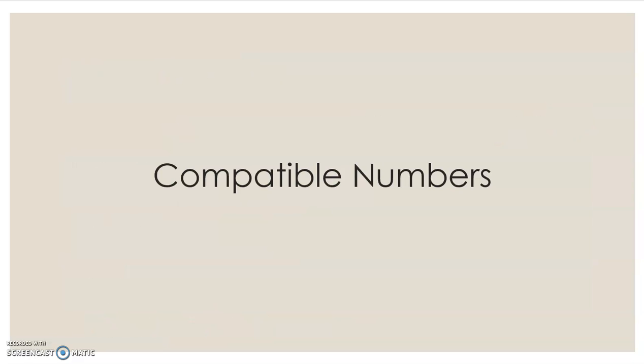Now, the last part of our rounding lesson is about compatible numbers. So compatible numbers are numbers that help us use mental math to add, subtract, multiply, or divide numbers to get us close or help us estimate our answer. But we have to remember that compatible numbers do not give us an exact number.